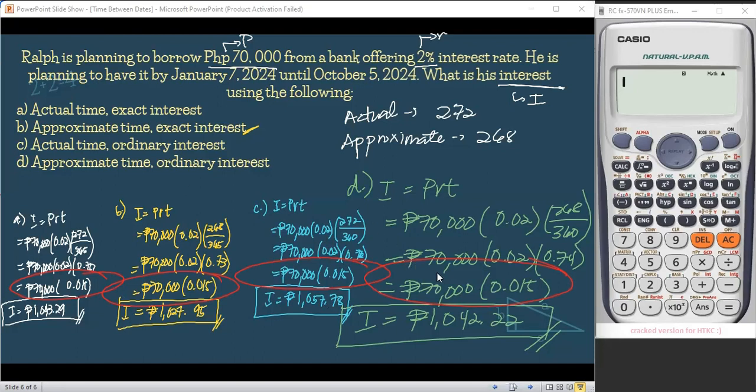At kapag yan yung in-input natin sa calculator, times 0.015, it is always 1,050 whether we are solving for the actual time exact interest, approximate time exact, and ordinary interest. So kung makikita nyo, each cent in simple and compound interest matters because yung mga pagkakaibang yun po, my dear students, yung nagdi-differentiate kung actual siya, approximate, exact, or ordinary.